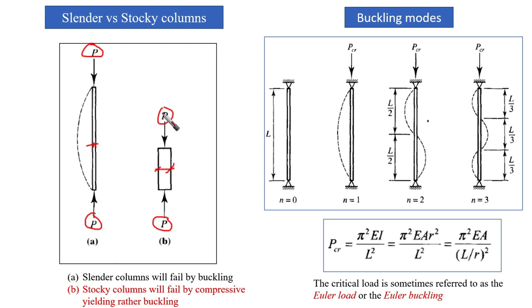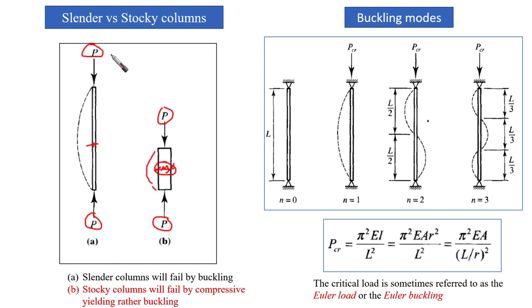However, whenever you put the same loading on a stocky column, meaning a thicker column, if you increase this P, you're going to find that it will fail by compressive yielding rather than buckling. Yielding means that the material itself would yield at a certain location. It's not going to buckle like this one.